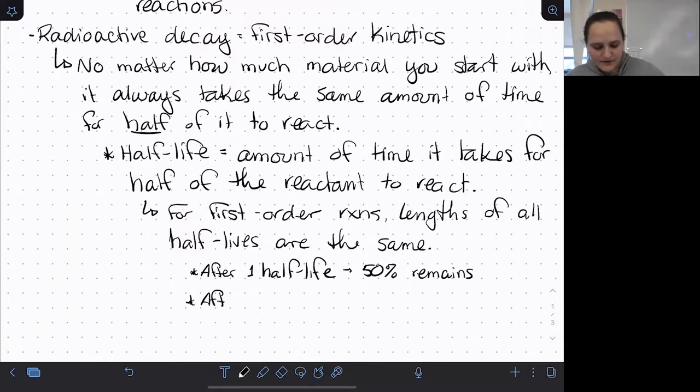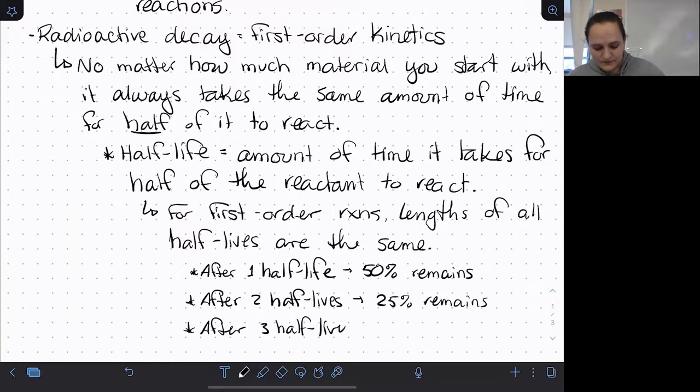After another half-life, two half-lives, you're taking that 50 and you're cutting it in half again. So it's not that after the second half-life it's all gone, it's that 50 is now getting cut in half to 25. After 3 half-lives, that 25 is getting cut in half. 12.5% remains. So on and so forth.